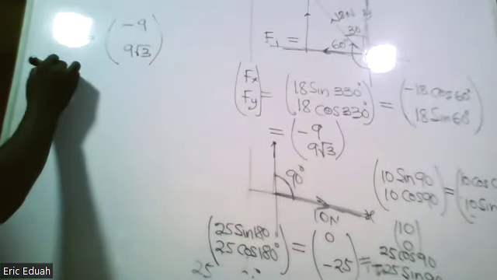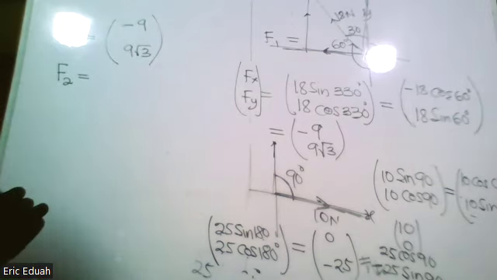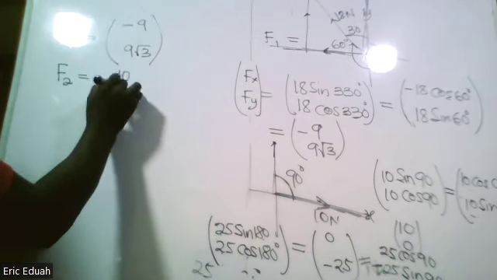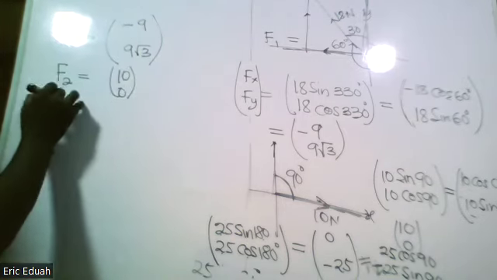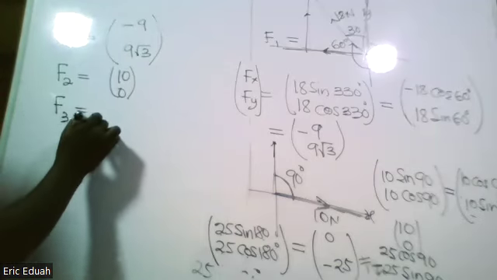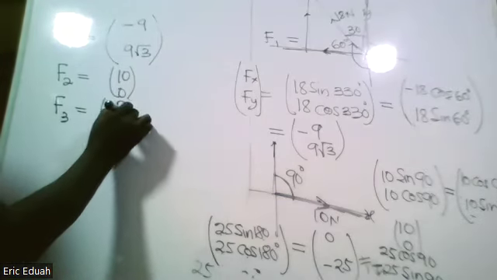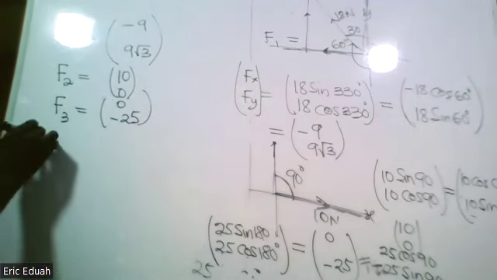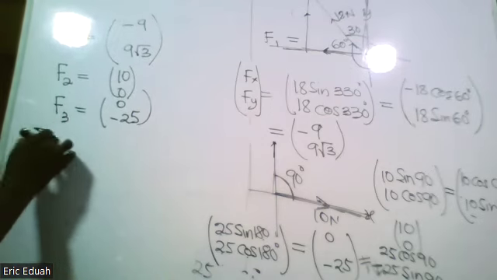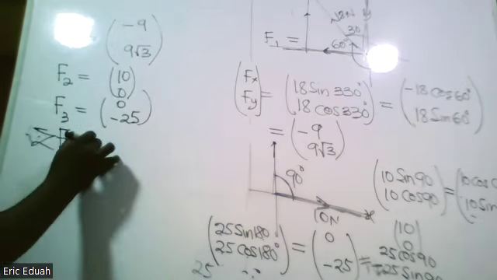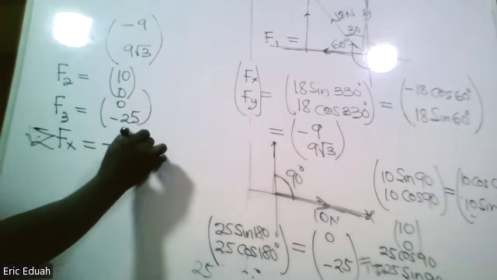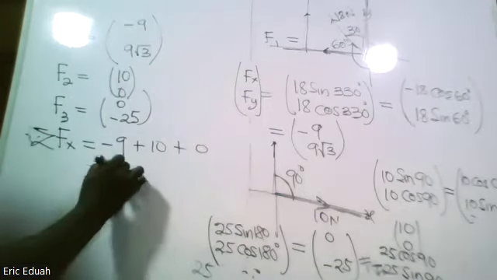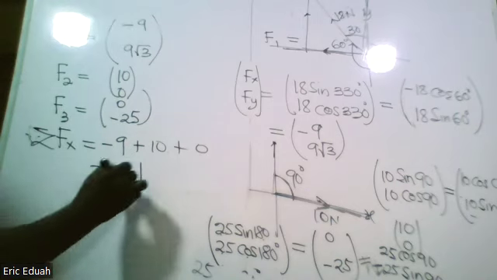Then F2 we have 10, 0. F3 we have 0, minus 25. So determine the summation of all x's. We have -9 plus 10 plus 0. And this is equal to 1 Newton.